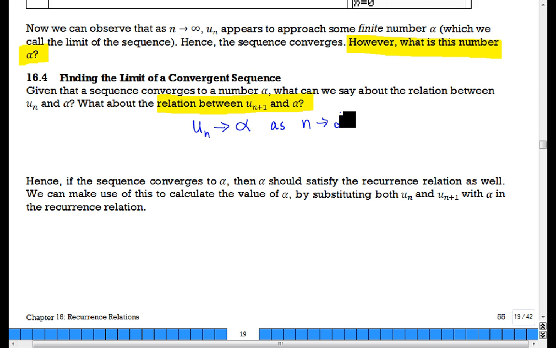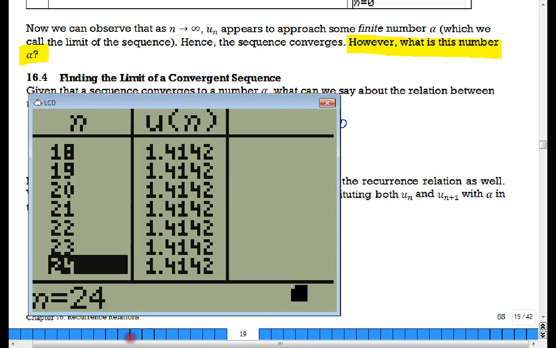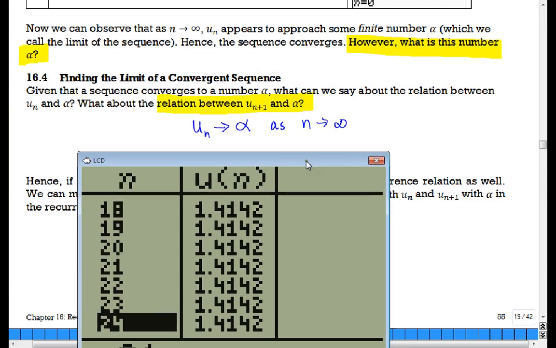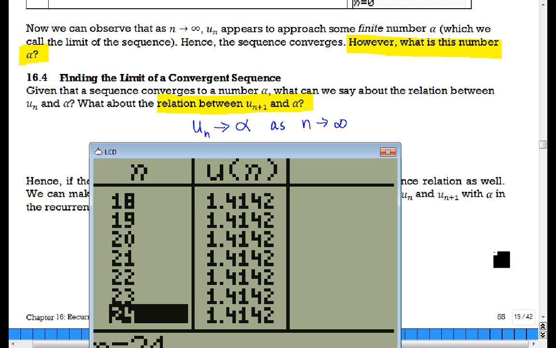This is quite obvious. This table tells us, as n becomes very large, the un should tend to a finite value alpha. This alpha is the one that I'm interested in, 1.414. Alpha is the limit of the sequence.